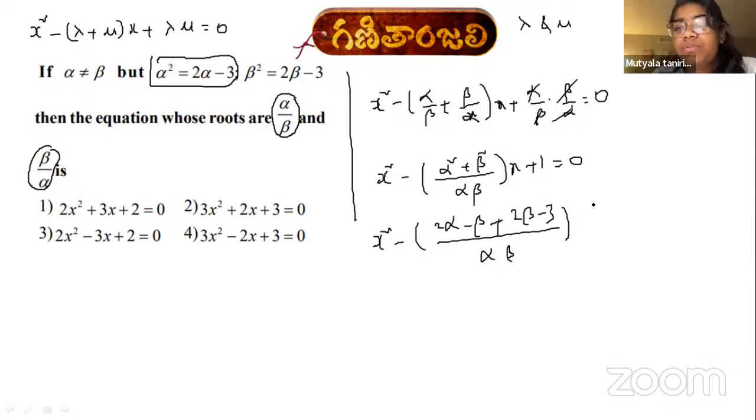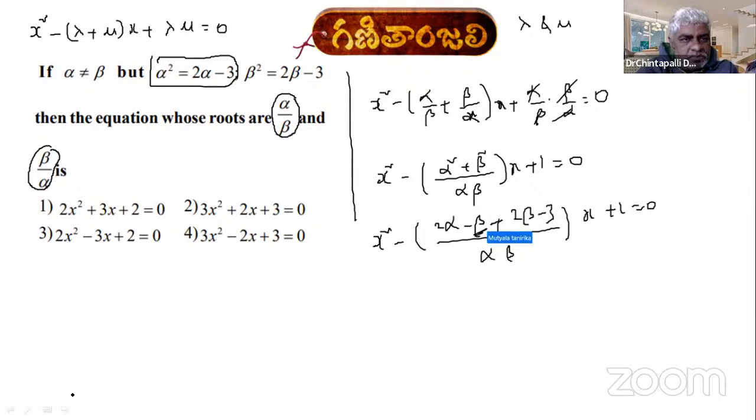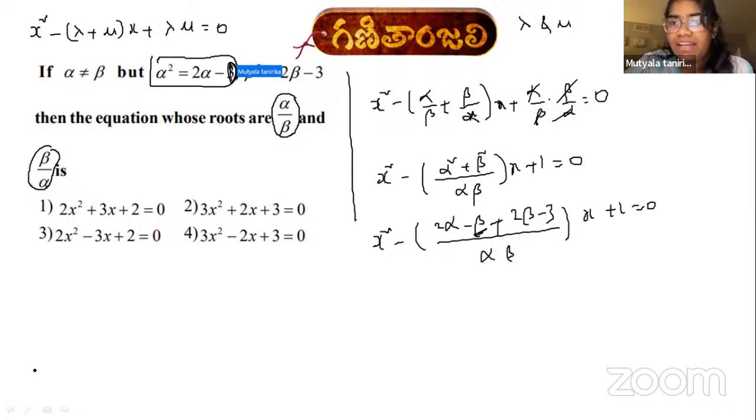Isn't it 2 alpha minus 3 over there? No, just write alpha beta. No, sir, over here in the equation. I think some information is missed. Let us see. Sir, here it said minus 3. You wrote negative beta. Oh, sorry, it is minus 3.